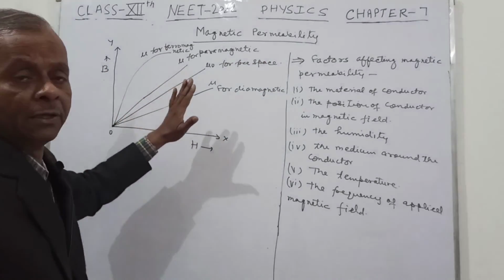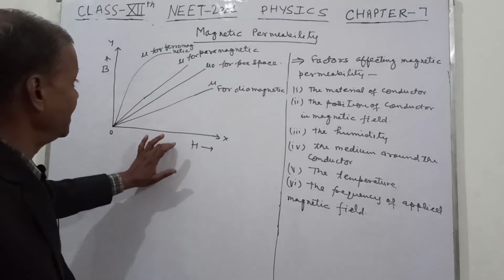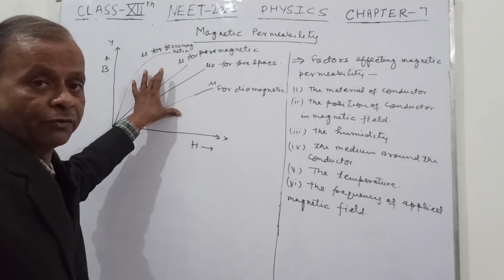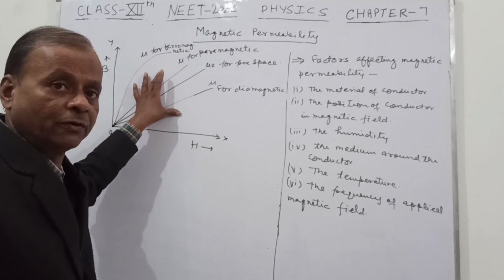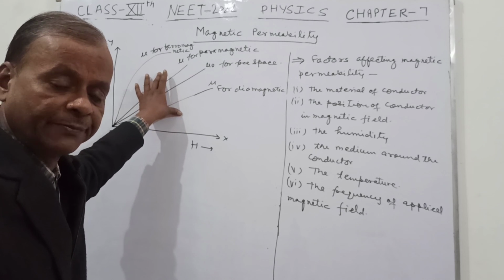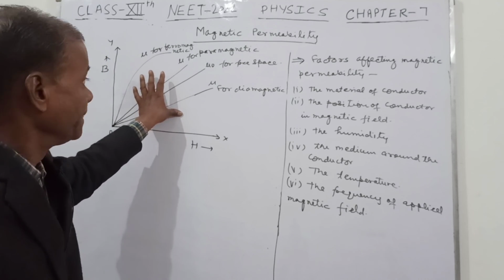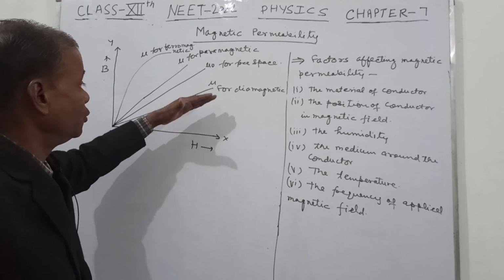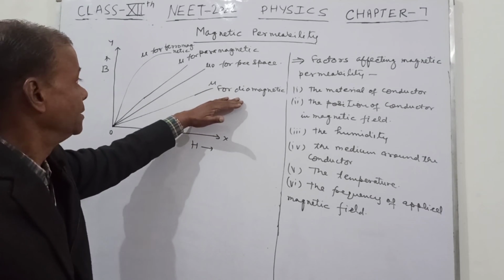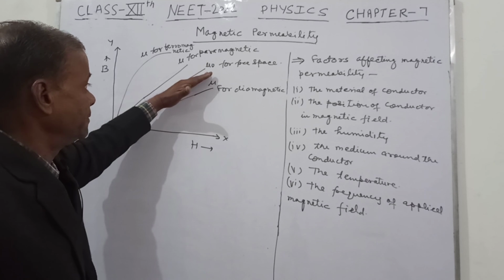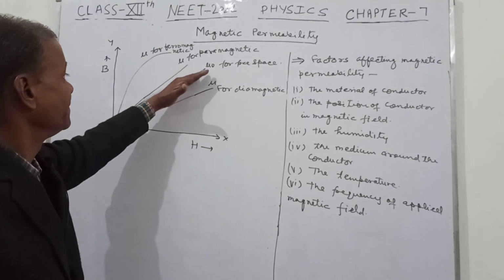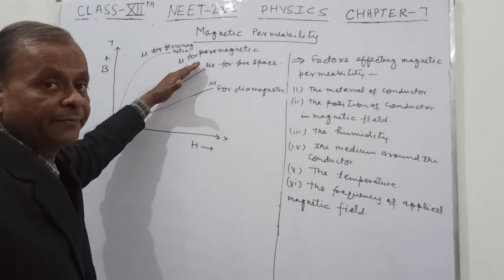So just by having a graph between B and H and these lines, you can find which is for free space, which is for diamagnetic, which is for paramagnetic. The lowest one will be diamagnetic. Just above it is free space. Just above that is paramagnetic.